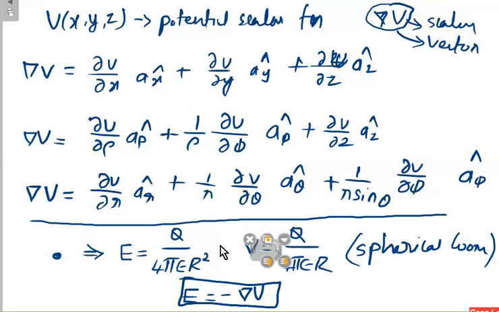You do differentiation. You concentrate on the component that is available. If only the ar component is available, you have to do this one only. Don't worry about these other things. They will become 0. Then once after doing dv, you put a minus. Then you check it yourself whether you are getting E or not. Very simple things. Just try it yourself.